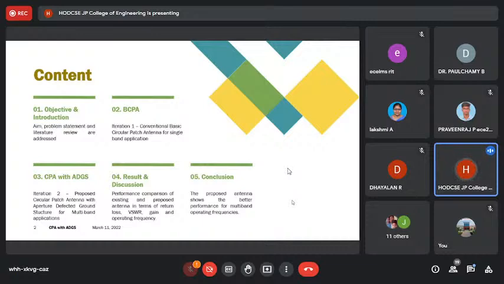Fourth, I would like to compare the performance of the existing conventional work in terms of return loss, voltage standing wave ratio, gain, and operating frequency with the proposed work. Finally, I would like to conclude the research paper.